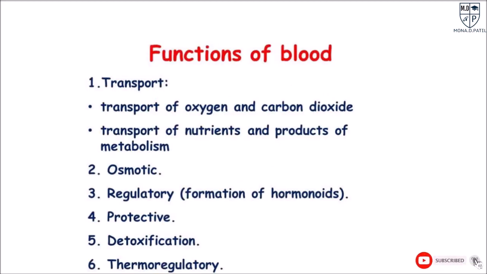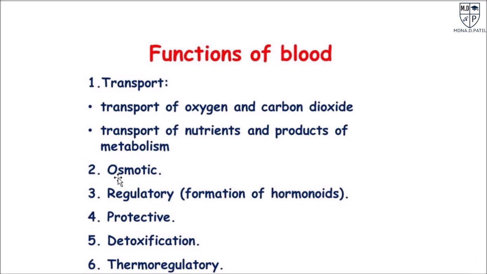So, the function of blood, here we have mentioned with points. First, transportation. So what is transported in the blood? Blood transports oxygen and carbon dioxide, nutrients, and products of metabolism, in the case of excretion.